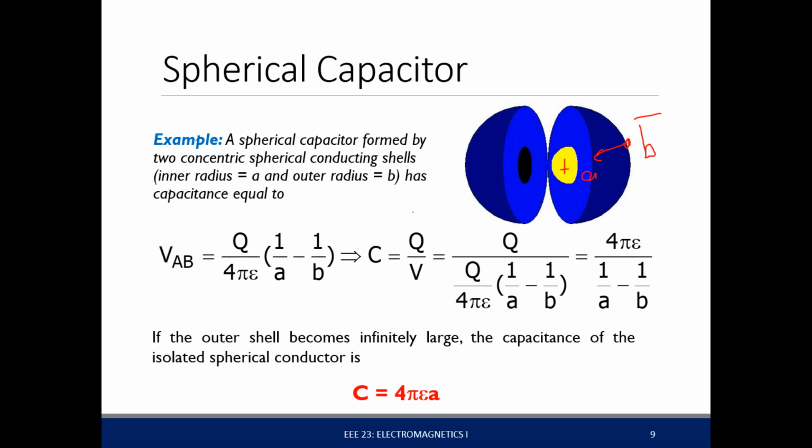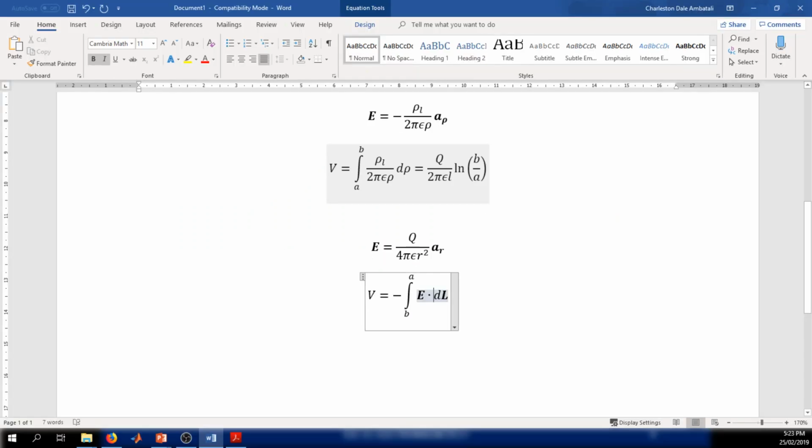Okay, so the electric field flows from positive to negative. So it's something like this, but the path is going inside. Therefore, again, they're in opposite directions. All right. So your E dot dl becomes negative, and your negative sign will become positive.